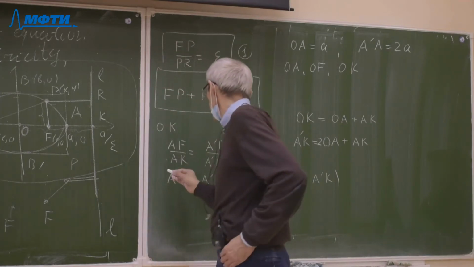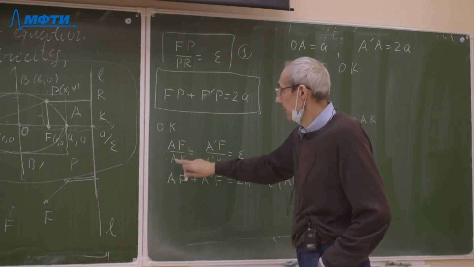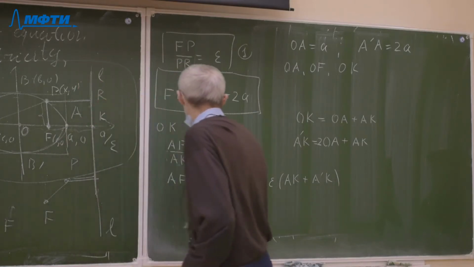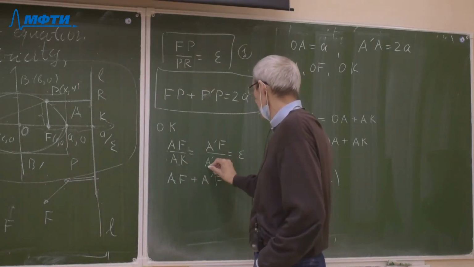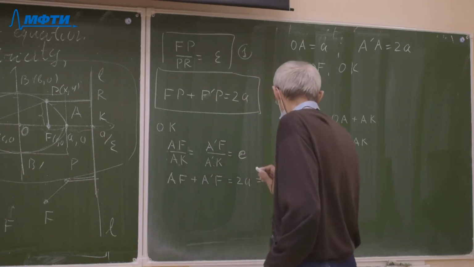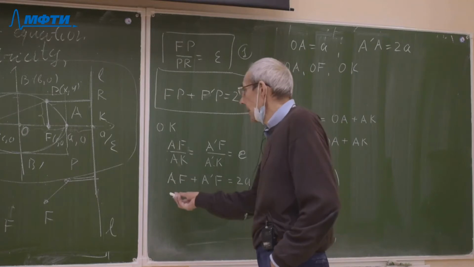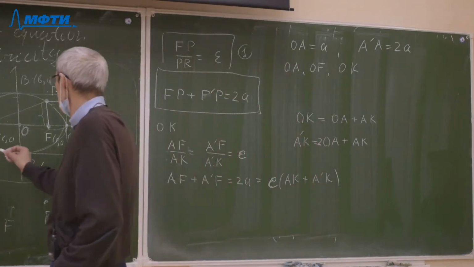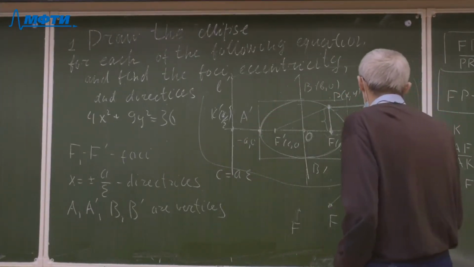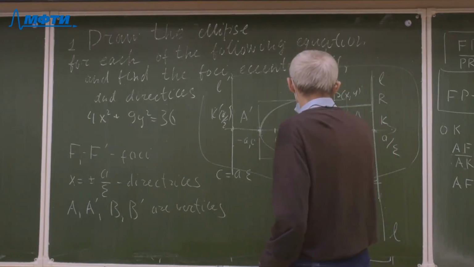We have the following condition by definition: the ratio AF to AK, AF over AK, is equal to A prime F over A prime K, is equal to epsilon, eccentricity E. And it is easy to see that the sum AF plus A prime F is equal to 2a.